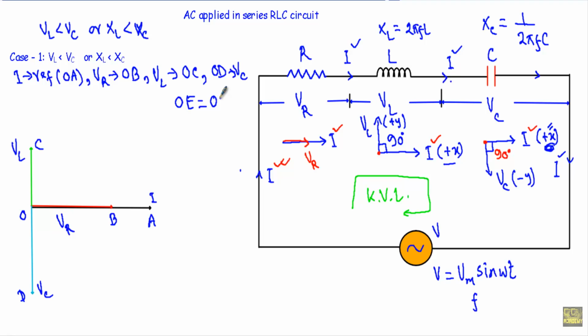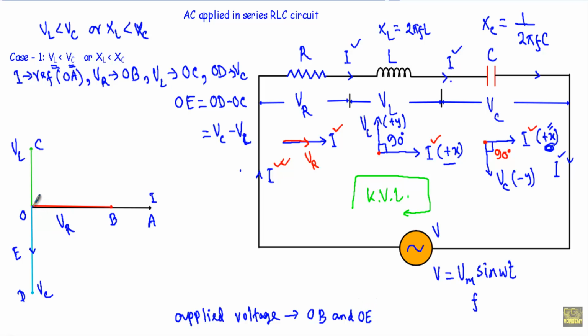OE will be equal to OD minus OC, because in the circuit VC is greater than VL. So here our resultant will be VC minus VL. This is our OC or VL and this is our OD. Let's say this OE indicates our resultant phasor. See, we have OB and OE. Our applied voltage phasor will be the phasor sum of OE and OB.